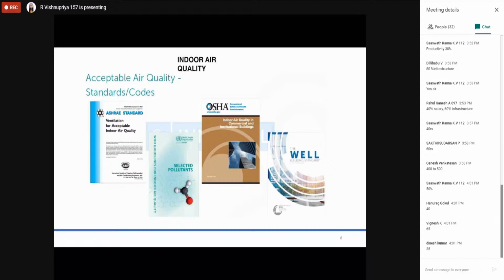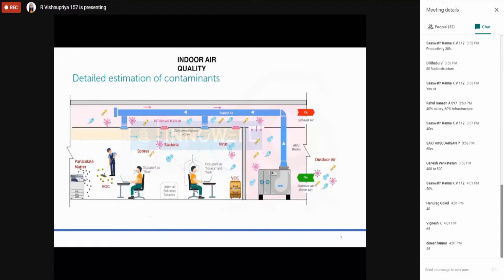Can you go to the next slide? In this ASHRAE 62.1, there are different versions, 2010, 2013, 2015, something like that. We have a huge amount of material, but it's your responsibility. Just browse it and get the information on ASHRAE 62.1. That is the standard referred to for fresh air quantity.